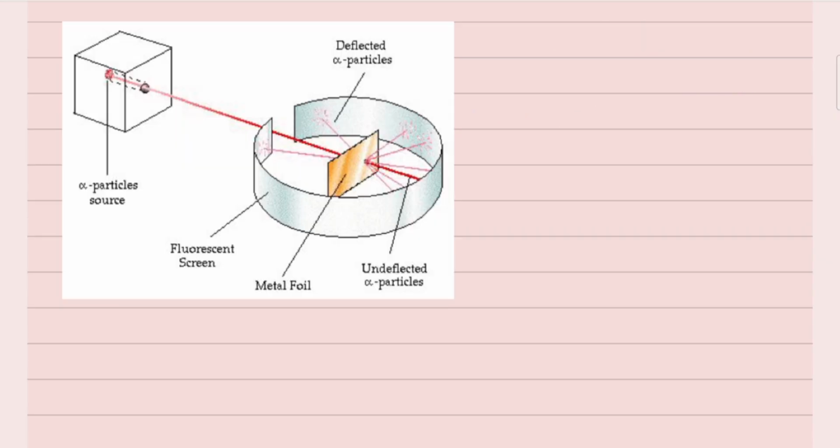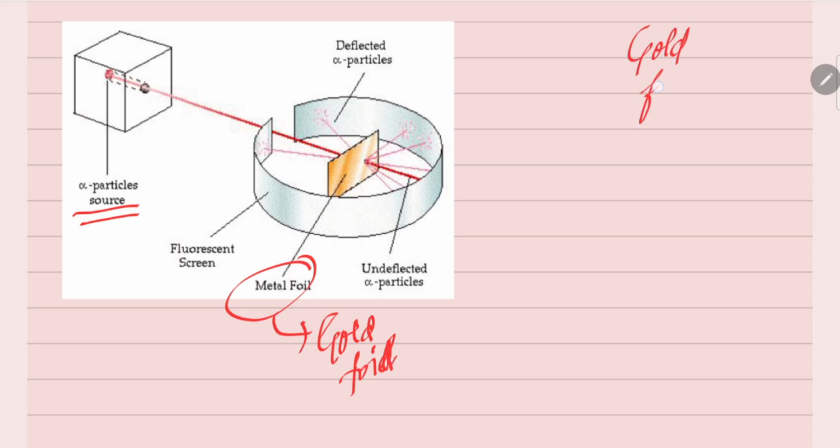Rutherford actually took a source of alpha particles, and alpha particles were made to strike on metal foil, especially gold foil, due to which this particular experiment is also known as gold foil experiment of Rutherford. Okay, so he took very thin gold foil, and he made these alpha particles strike on the surface of the gold foil.